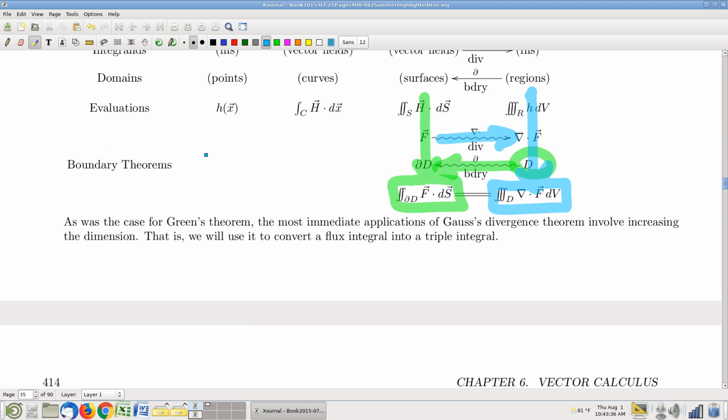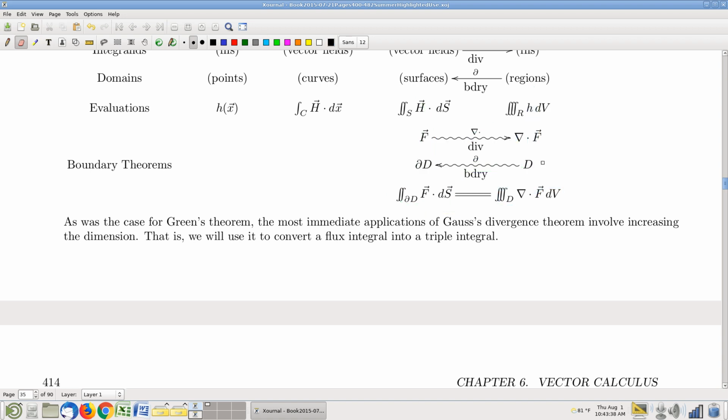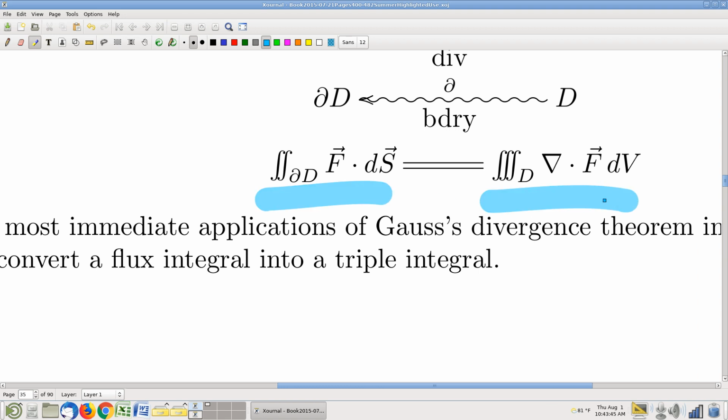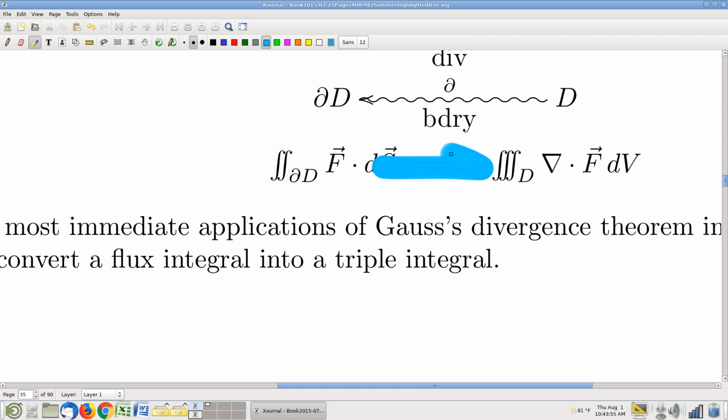Okay. So again, question comes up: how do you use this? What do we actually compute with the divergence theorem? Neither one of these is a handy dandy little formula that you can just plug in, boom, answer, right? Both of these are kind of hard things to compute. So do we tend to use this to compute a flux integral, where a triple integral will compute that for you?